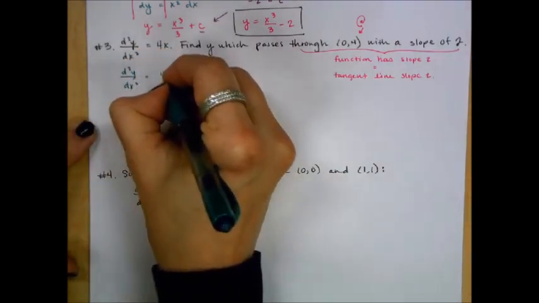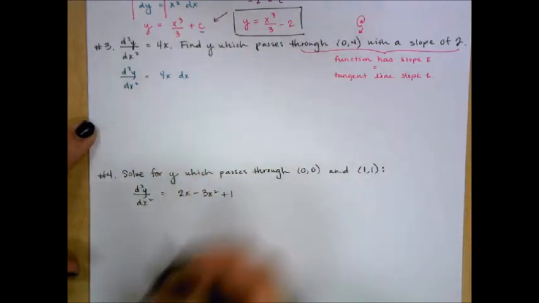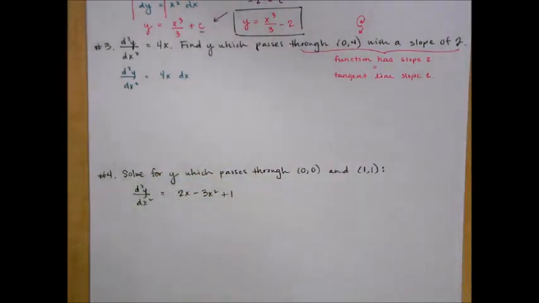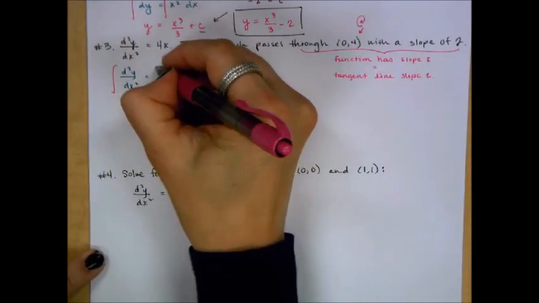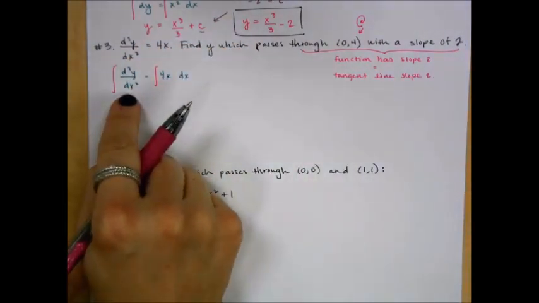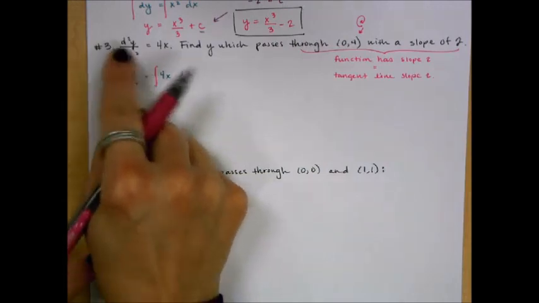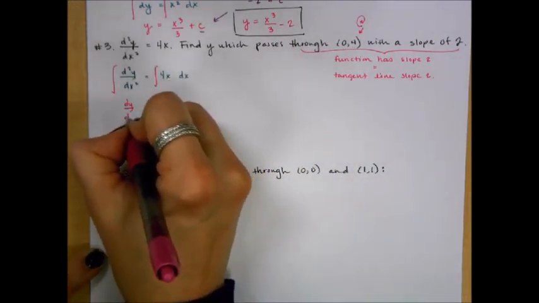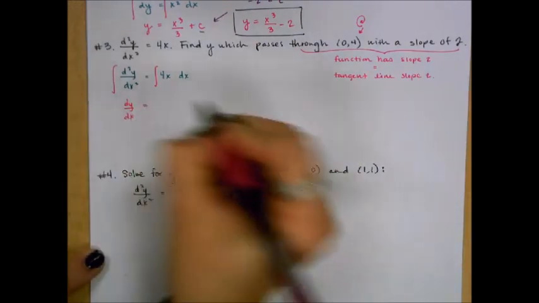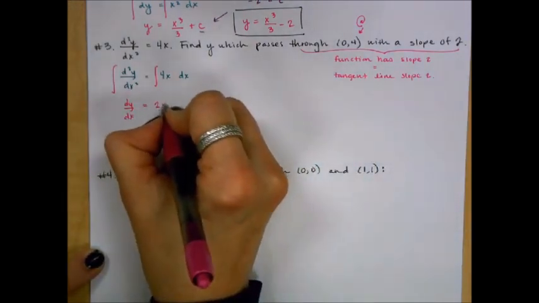We're going to add on a dx and integrate. So the left side is just integrating the second derivative. We integrate back to dy dx. On the right side, we're going to integrate to 2x squared plus c.